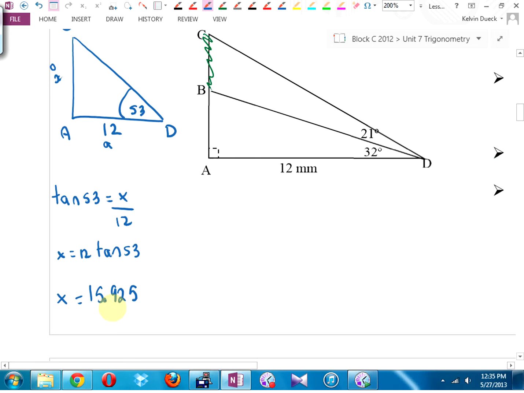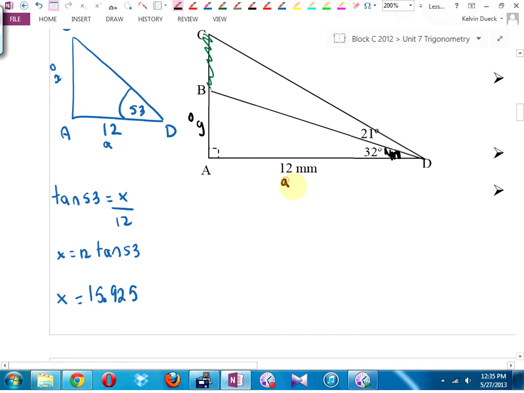Darian, what did you say we could find? BA. Let's do that right on the big diagram. I'll call this Y. I'll color in this angle just to let myself know that's the one I'm using so I don't accidentally use the 21 or the 53. Y, opposite, adjacent, or hypotenuse? Opposite. 12.